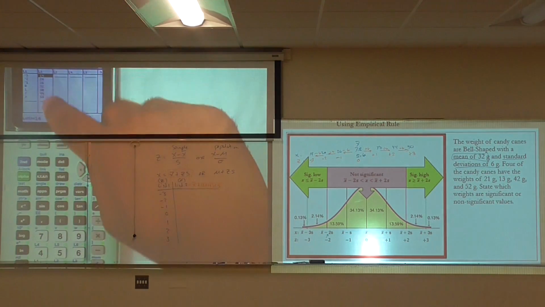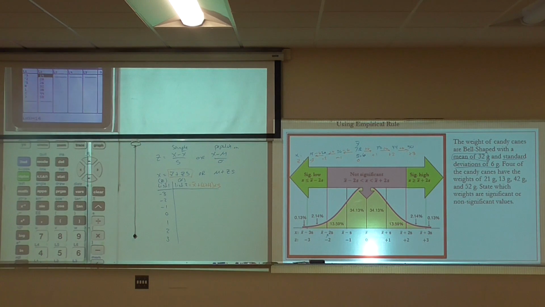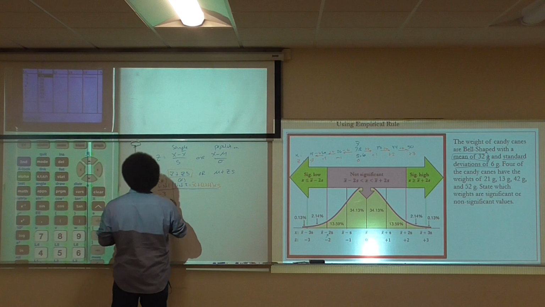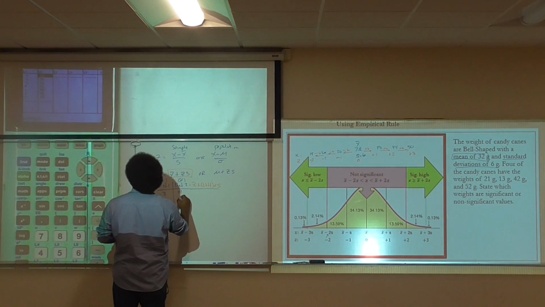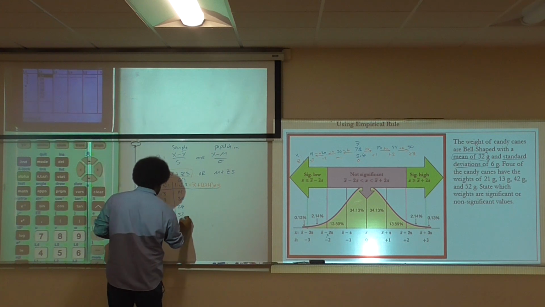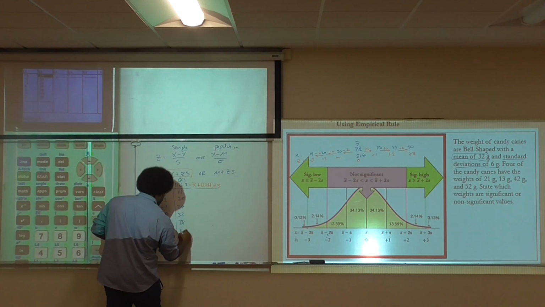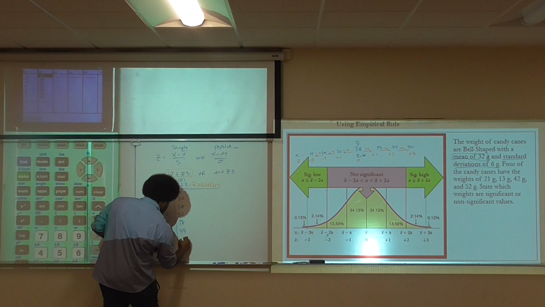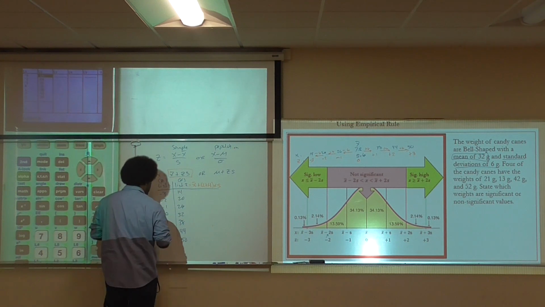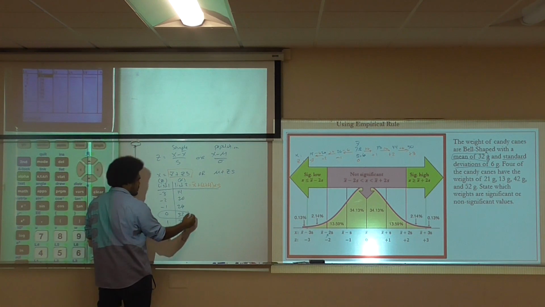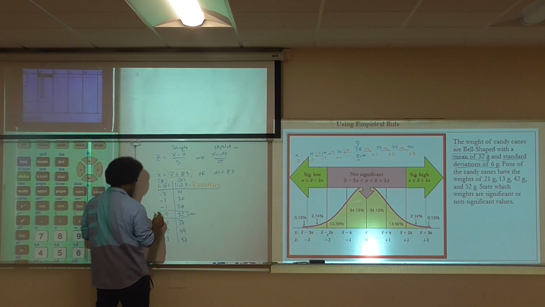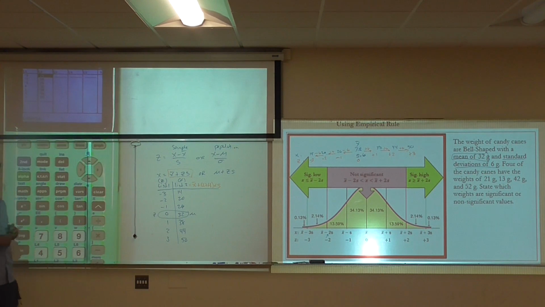So notice how I get the exact same results as we did during the standard way: 14, 20, 26, 32, 38, 44, and 50. The theory says that when z is 0, we still have the mean. Okay? That's what we're seeing there.